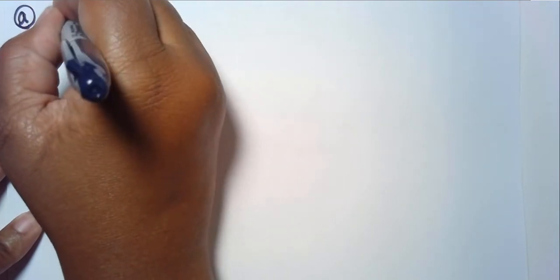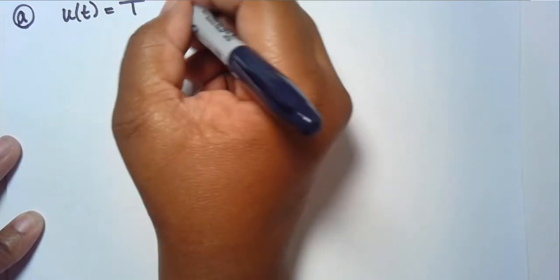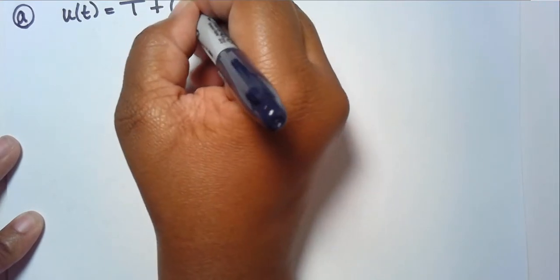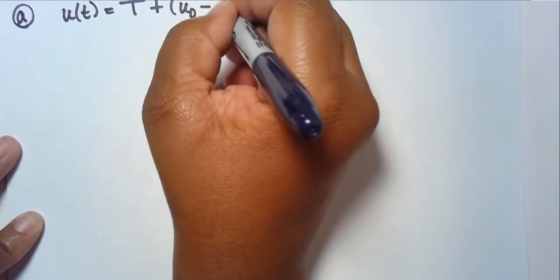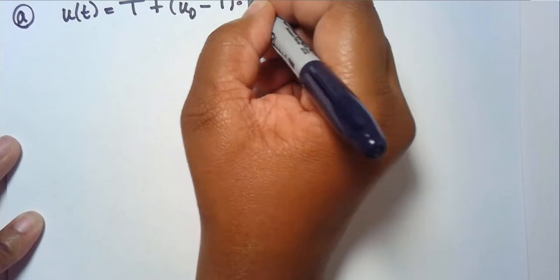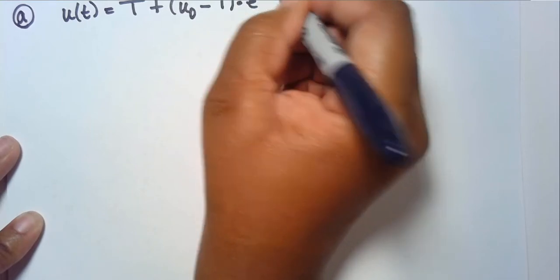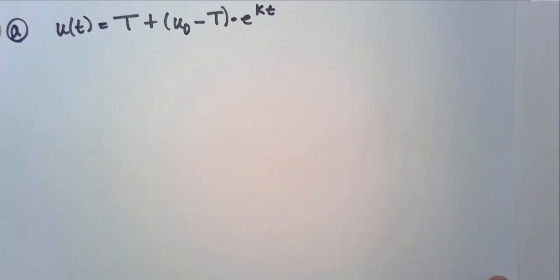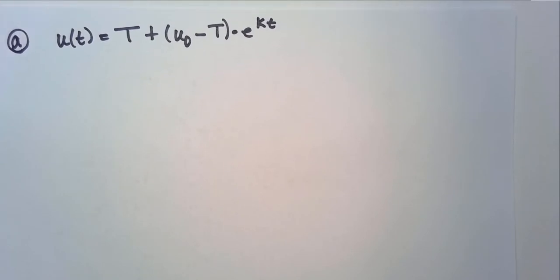We have U of t is equal to capital T plus U sub 0 minus capital T times e to the kt power. All right, so the question is asking us, at what time is the temperature of the pan 135 degrees Fahrenheit?